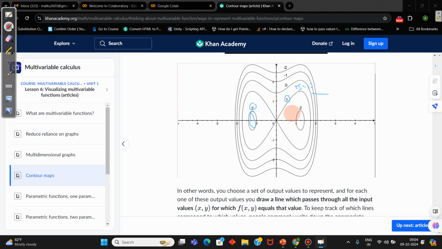So here you have to notice the space between two curves. This curve and this curve give me the change in output, that is, output which is decreasing from 2 to 1. So all these values are decreasing from 2 to 1, but 2 is the highest value.